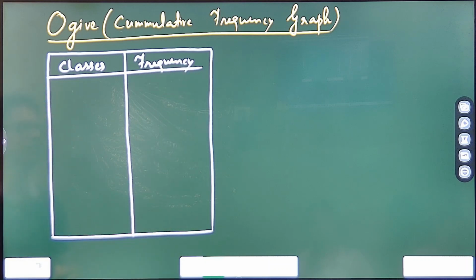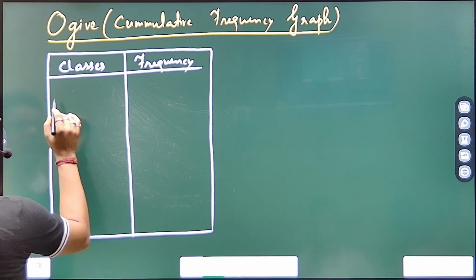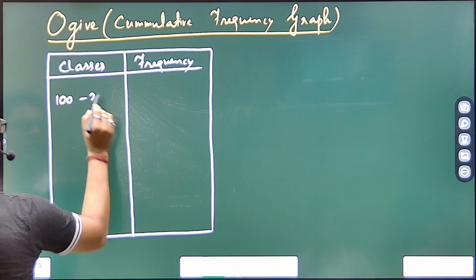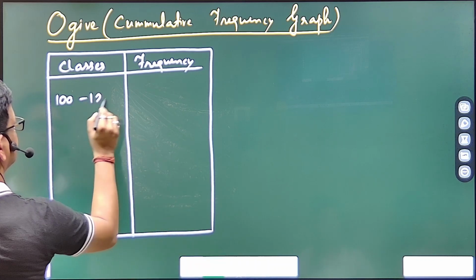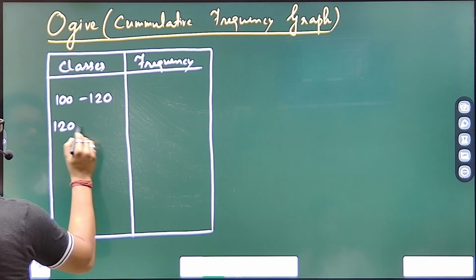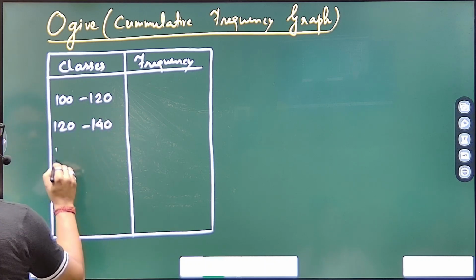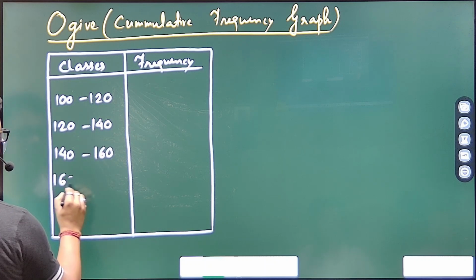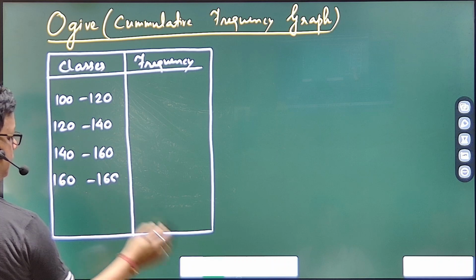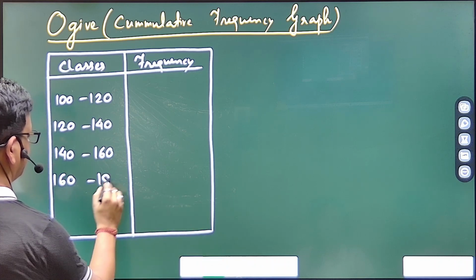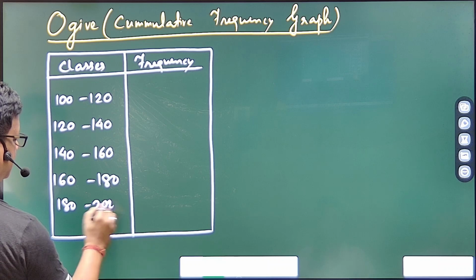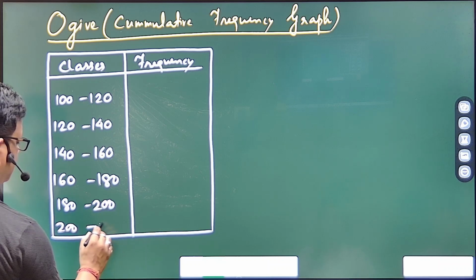I'm taking continuous directly so that it will be easy for us to solve it. So 100 to 120 suppose, 120 to 140, 140 to 160, 160 to 180, 180 to 200, and 200 to 220.